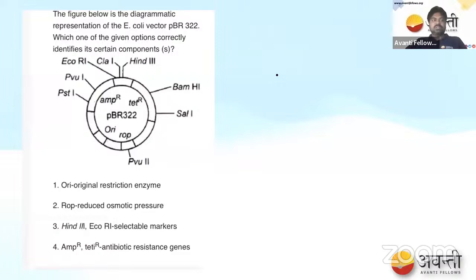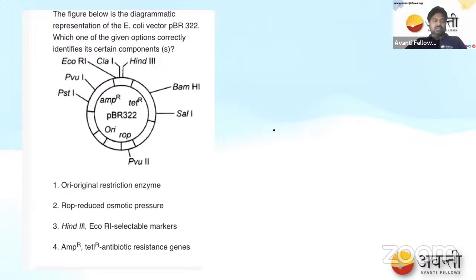Okay. So the next question on your screen is: in the figure, the diagrammatic representation of E. coli vector pBR322, which given option correctly identifies its certain components?